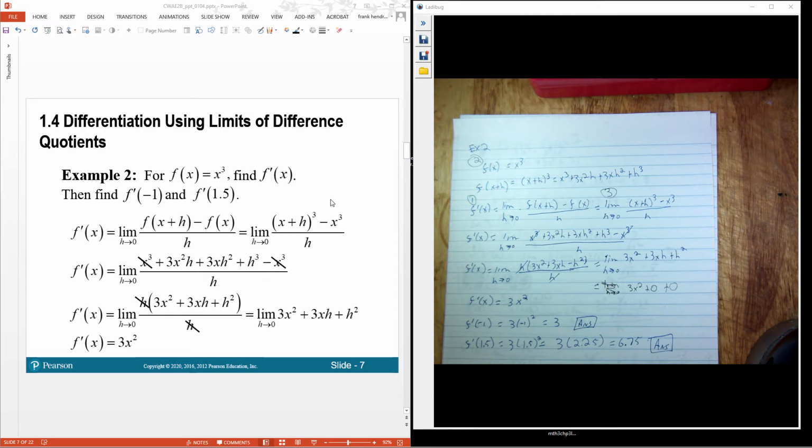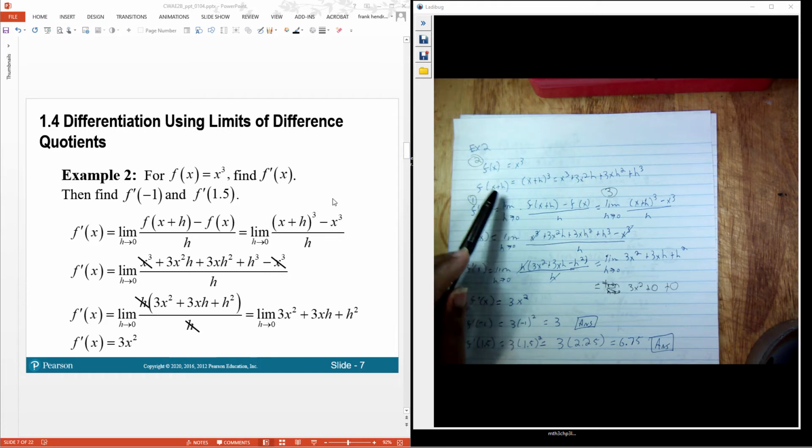Another example: they give f of x equals x to the third. They want us to find the derivative of the function and then evaluate it for f prime of -1 and f prime of 1.5. The very first thing I did was write out the formula for the derivative.